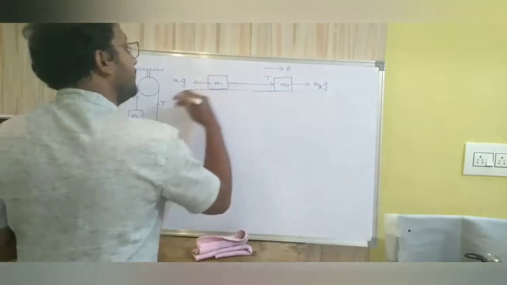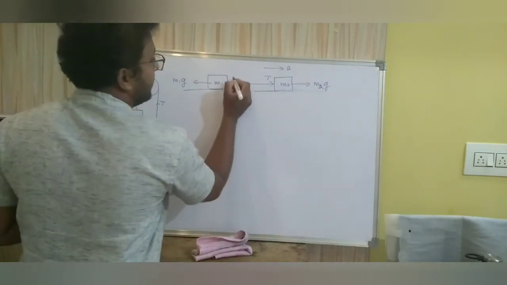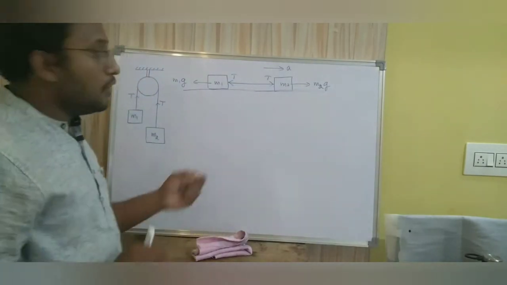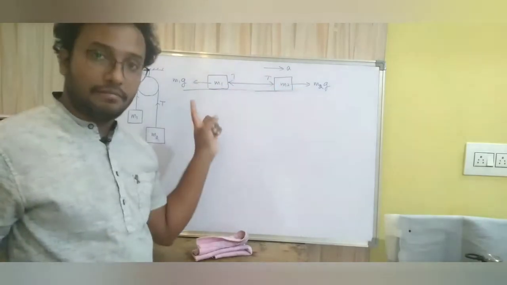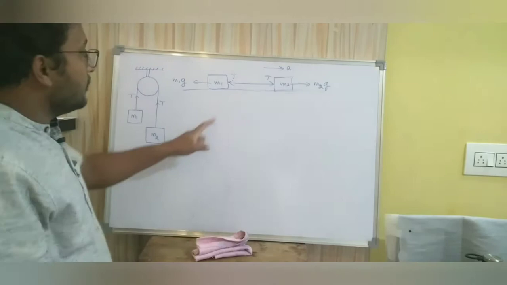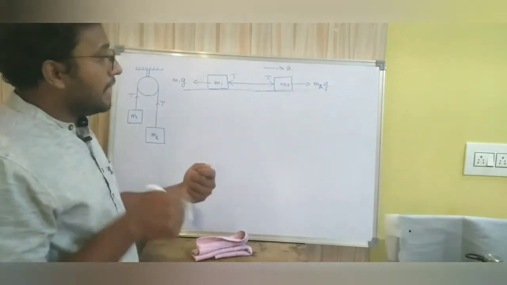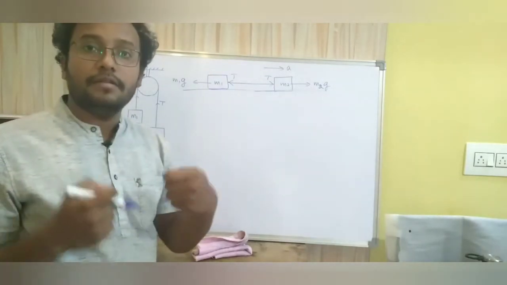So that force can be imagined in this way. Let me call that T itself, and because the tensions through the string are exactly equal but acting in opposite directions, there is no relative displacement between the two blocks m1 and m2, and hence no relative velocity between them.